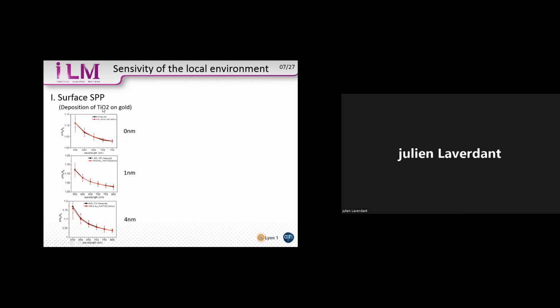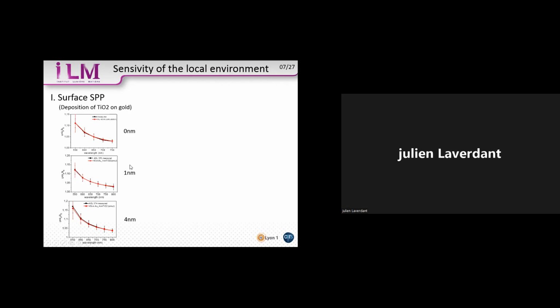And when you deposit a thin layer of titanium dioxide of 1 nanometer, so it's very, very small, you have a shift of this resonance. If you take the first point, for example, here you were around 1.10, and now you are around 1.12. So you have a very small shift, but you can measure it.